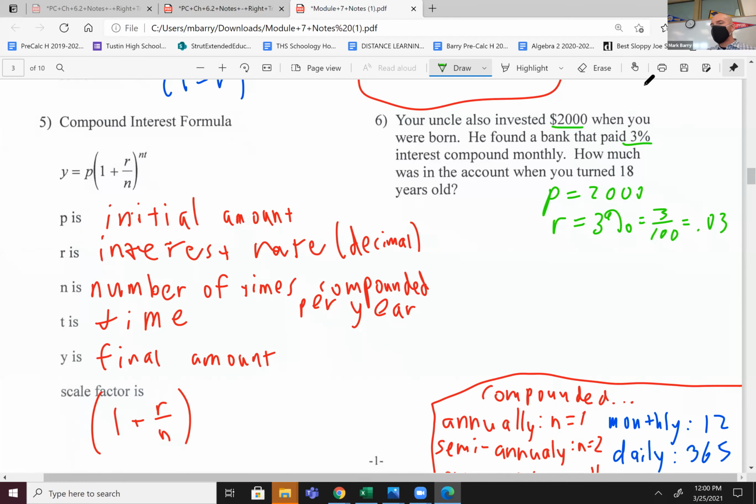It cannot be 0.3. 0.3 is actually 30%. 0.03 is 3%. It says compounded monthly. So that would mean that N is 12. And then we have our time here is 18 years.